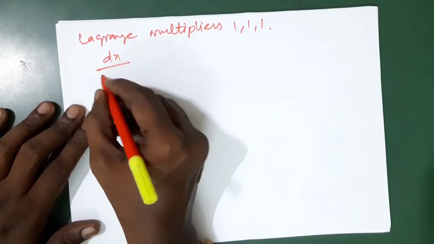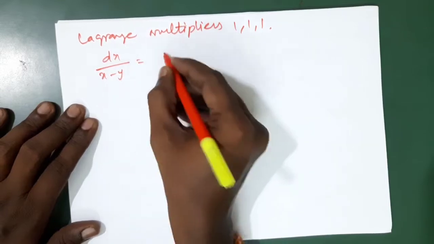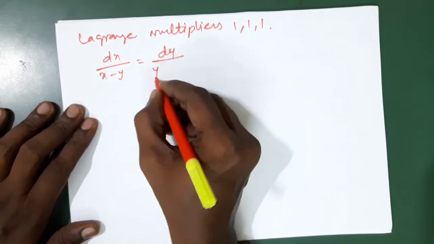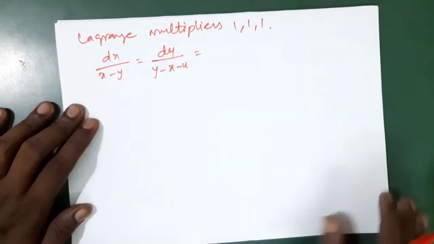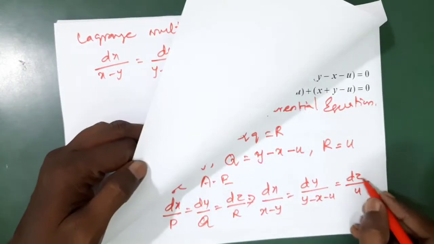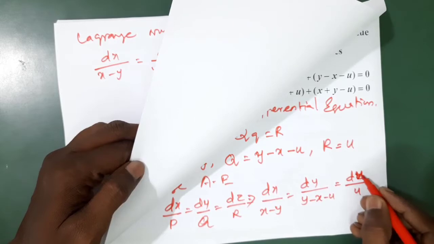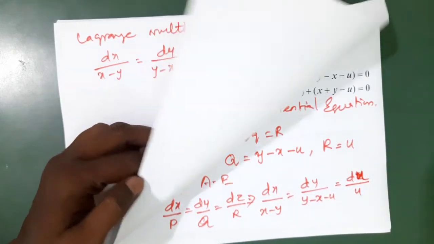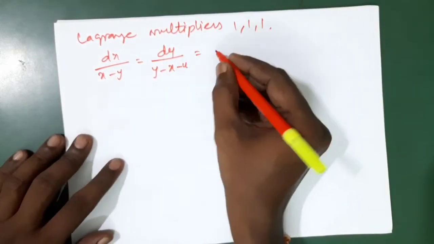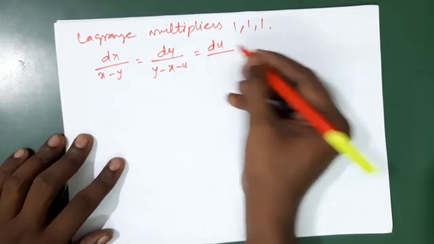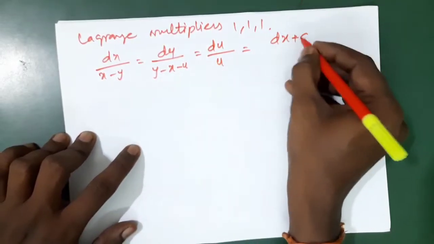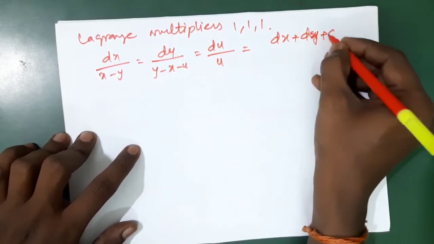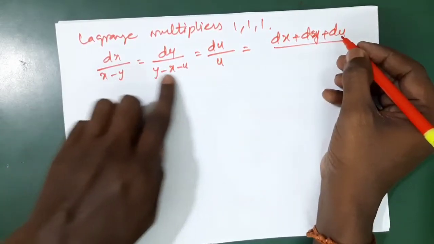So dx by x minus y is equal to dy by y minus x minus u is equal to du by u, since here the function is given in u. This is equal to dx plus dy plus du divided by the sum of all the denominators.